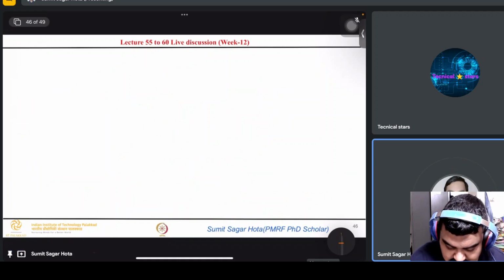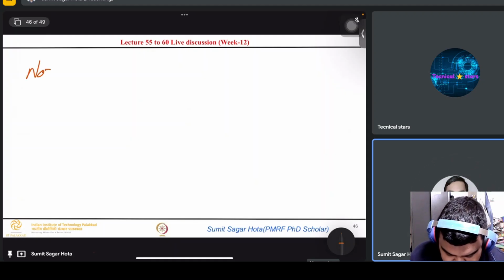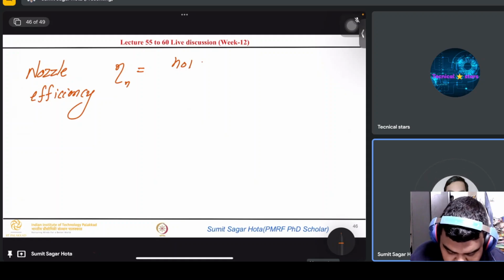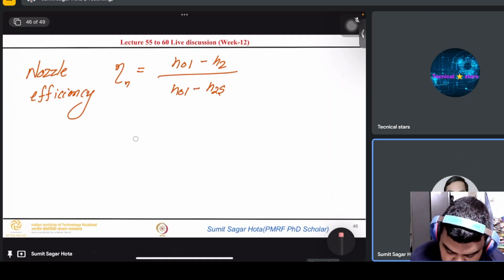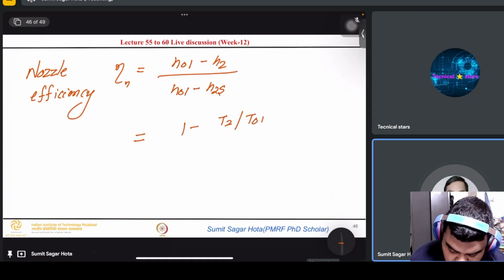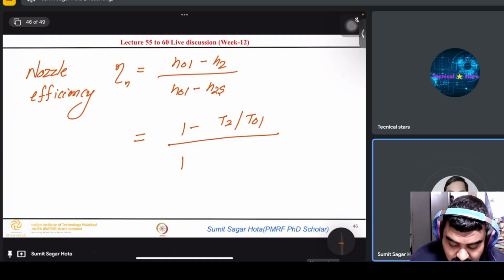So next we know the nozzle efficiency: H01 minus H2 divided by H01 minus H2 isentropic. So 1 minus T2 by T01 divided by, I just take H01 common and both H01 cancel from numerator and denominator.